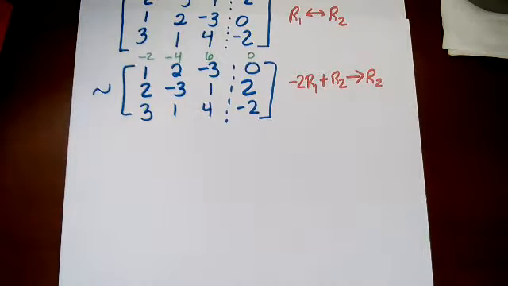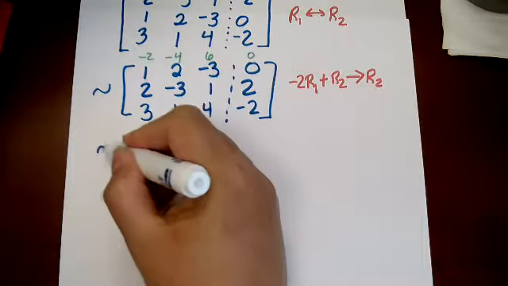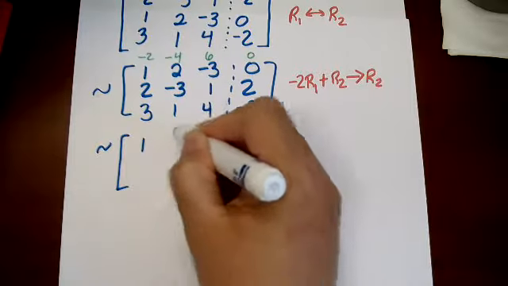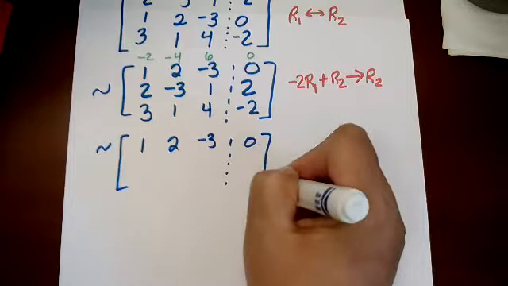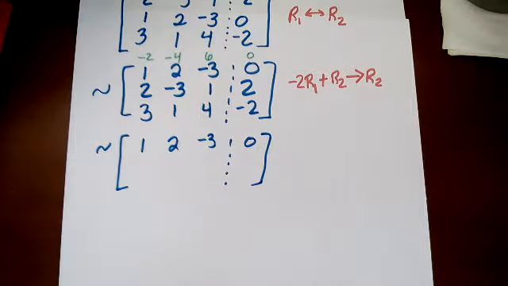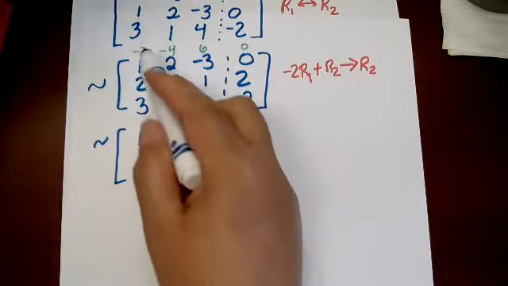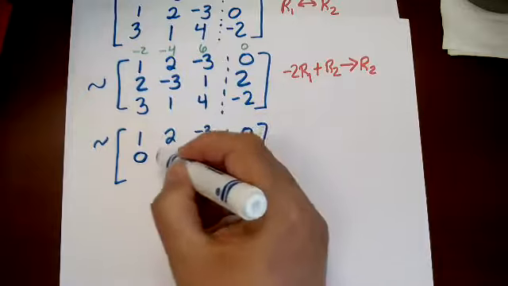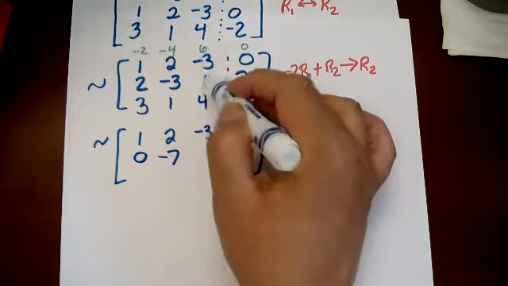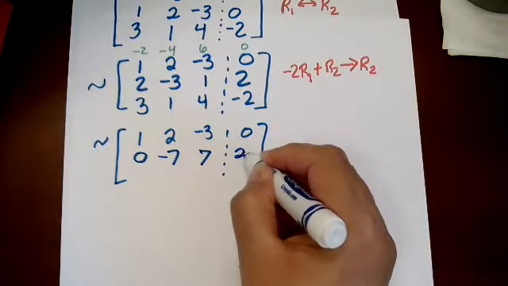Notice the first row isn't really changing. So that's why I wrote it up there above it in pencil, or green in my case, so you can see it. Negative 2 and 2 is 0. Negative 4 and negative 3 is negative 7. 6 and 1 is 7. 0 and 2 is 2.